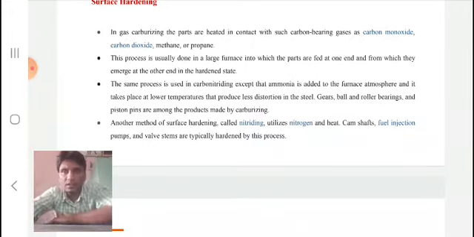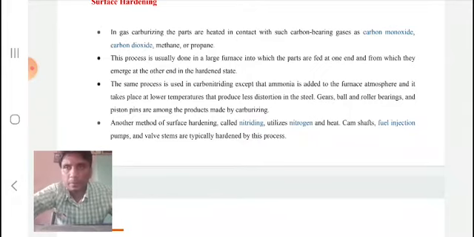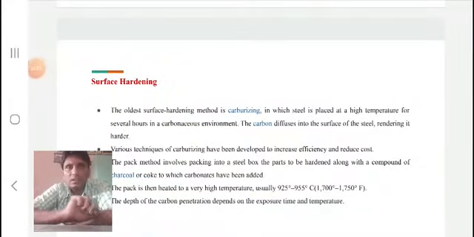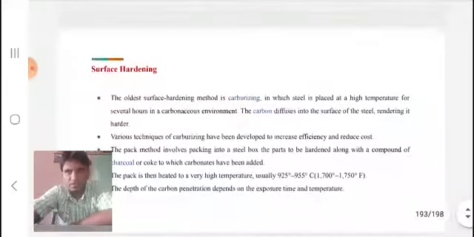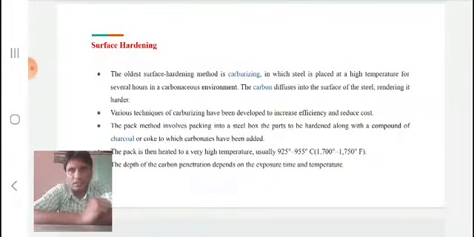So these are the surface hardening techniques. So before I end the video session, the oldest surface hardening method is carburizing, in which the steel is placed at a high temperature for several hours in a carbonaceous environment.